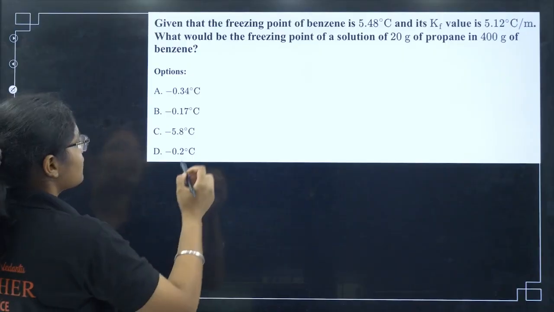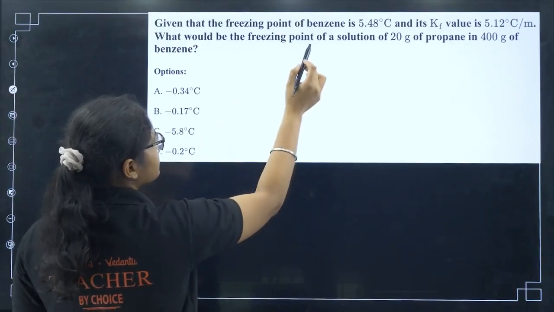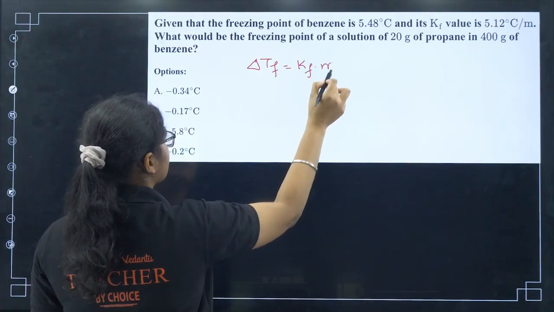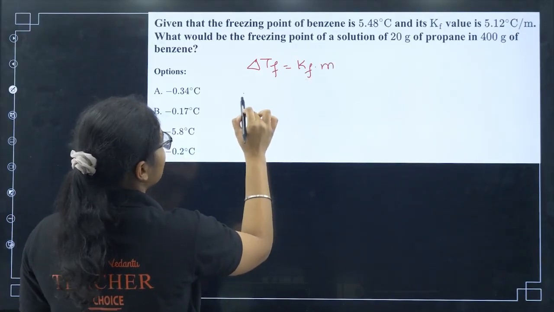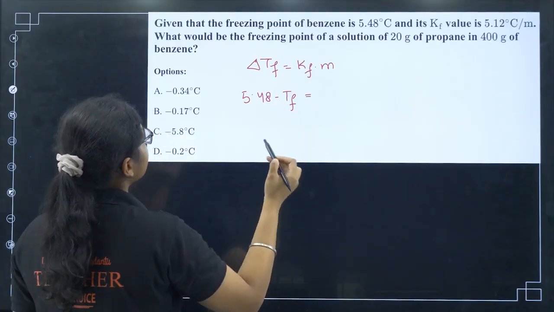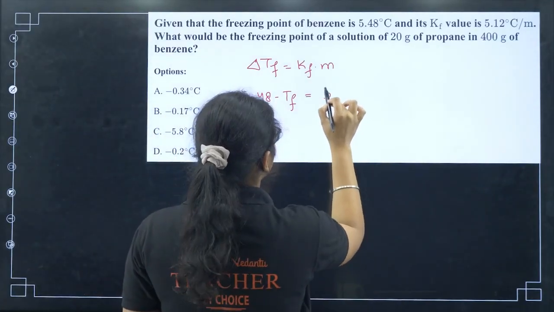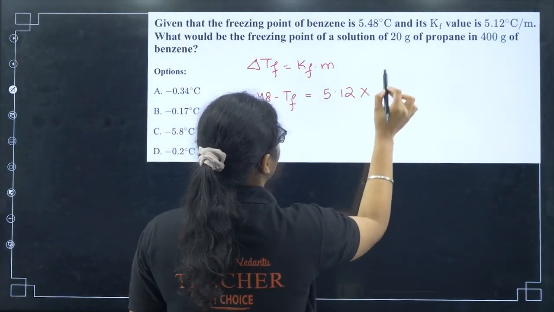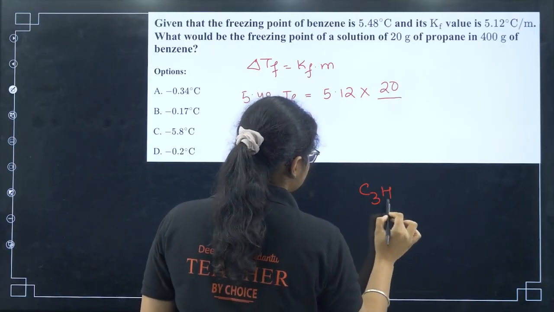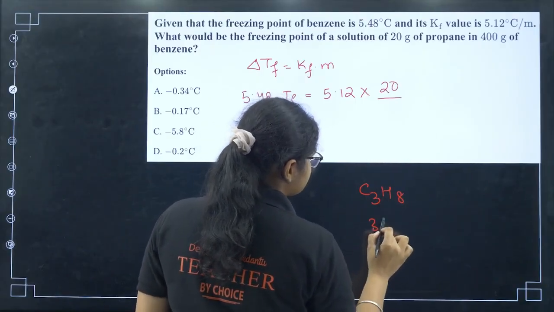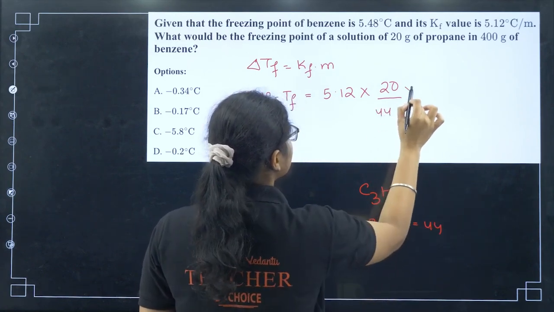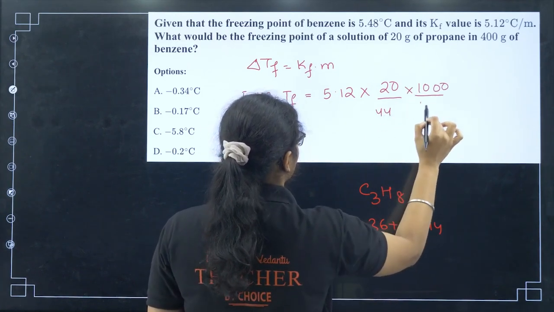Now, if I just want to solve it, what is the formula? Delta Tf is equal to Kf into m, right? Tf value is what? 5.48 minus Tf is equal to Kf value 5.12 into molality, given mass by molar mass, C3H8, so 36 plus 8, that is 44, into 1000 by 400.